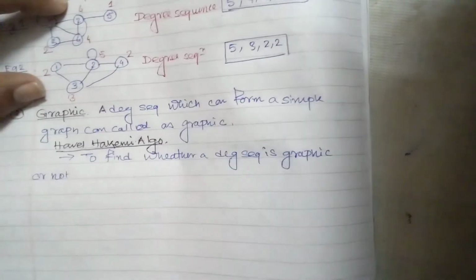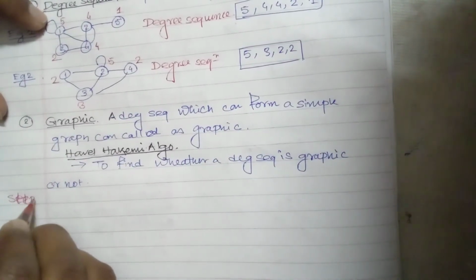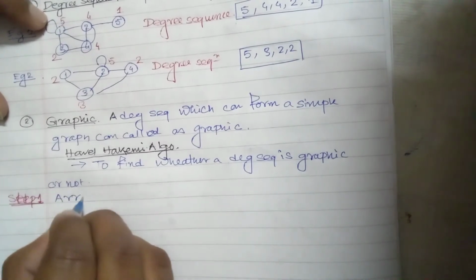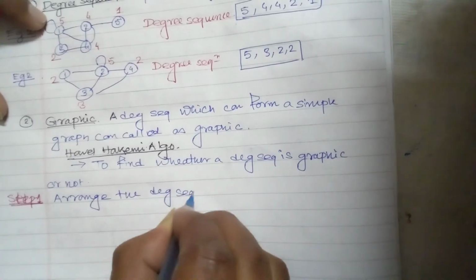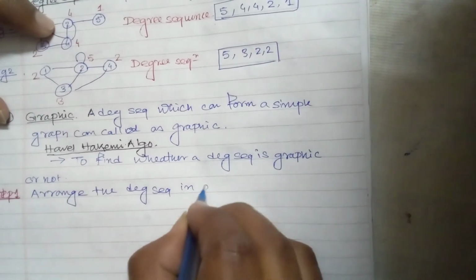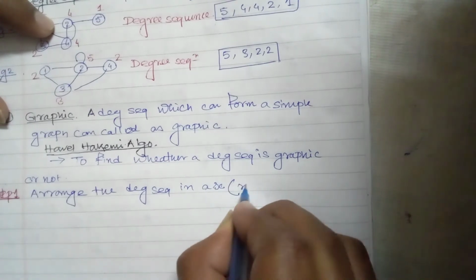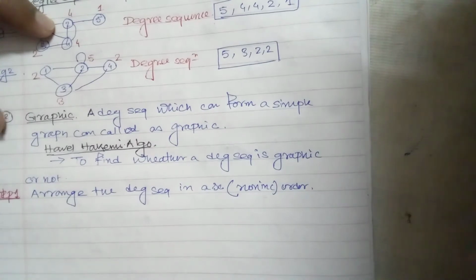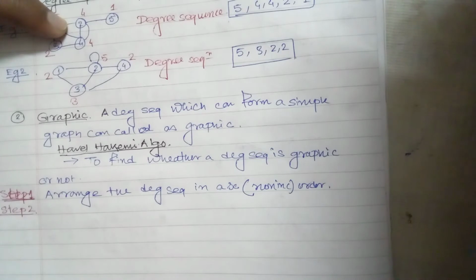So step number 1, first of all: arrange the degree sequence in non-increasing order. Okay, now step number 2. This is the first step, then we have step number 2.